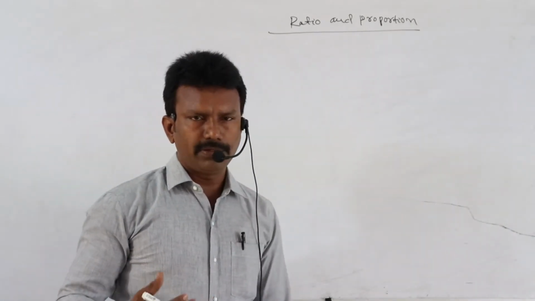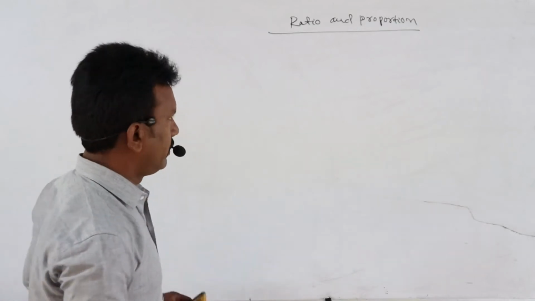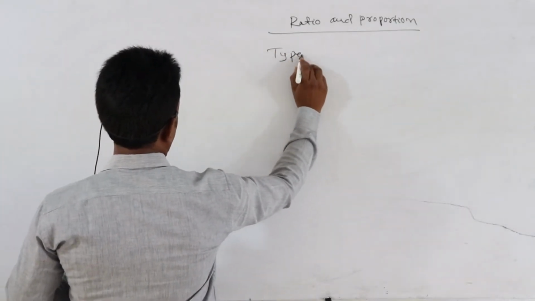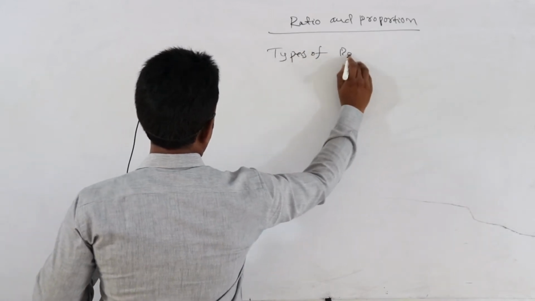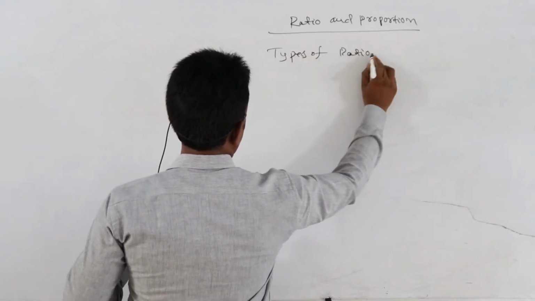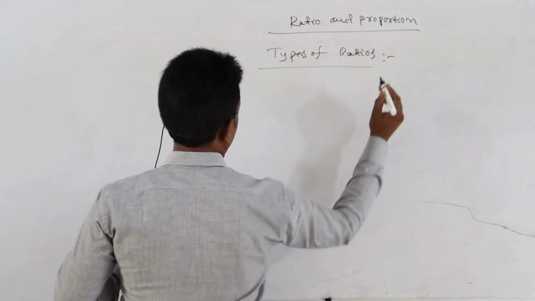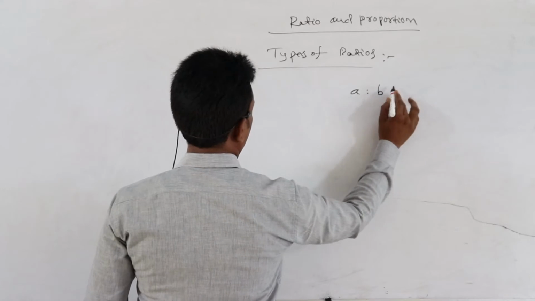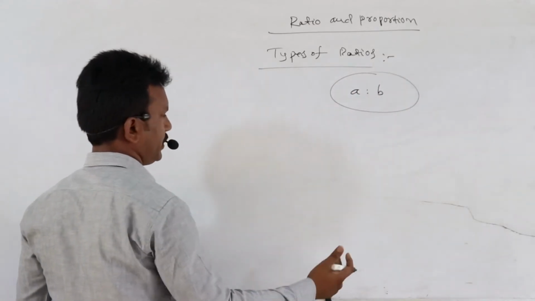Types of ratios. Suppose A is to B is one ratio.